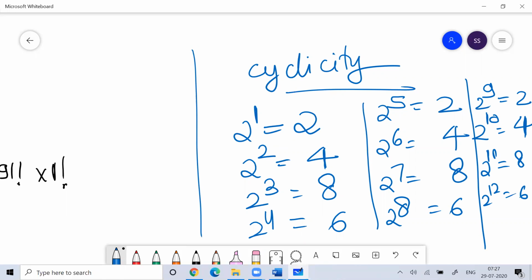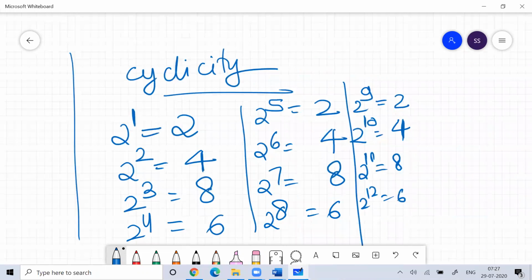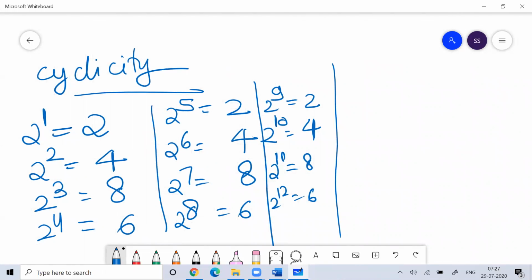If you notice, after the 4th power, the same values are repeating. So you just need to break the power 91 into a multiple of 4.